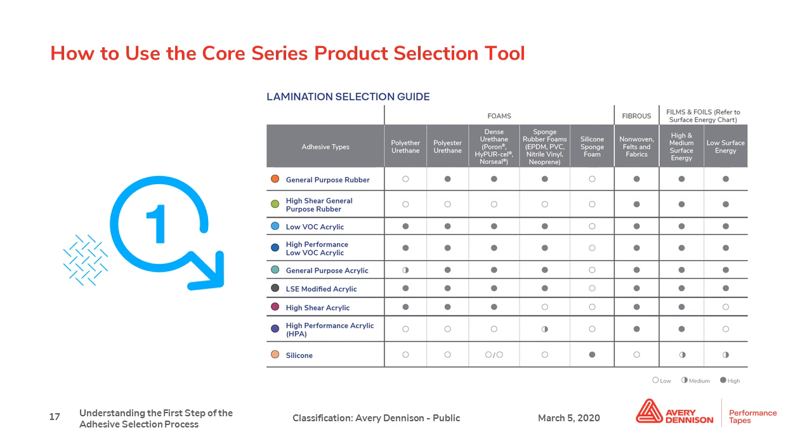When it is a completely empty circle, that means we would not recommend that particular adhesive type for that particular material. And when it's halfway filled, that means it could be used. We'd recommend it, but you might have to do some tweaking in your process to make sure you get a good lamination, and it might be specific to the type of material you're working with.